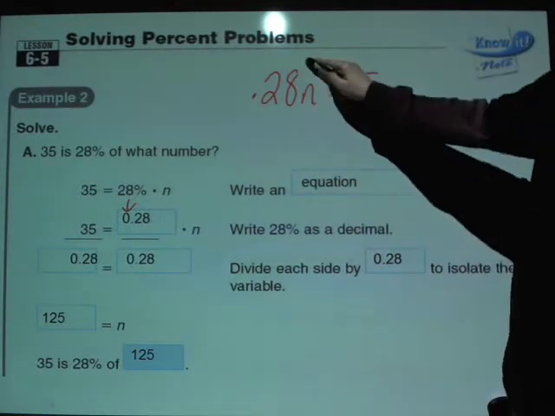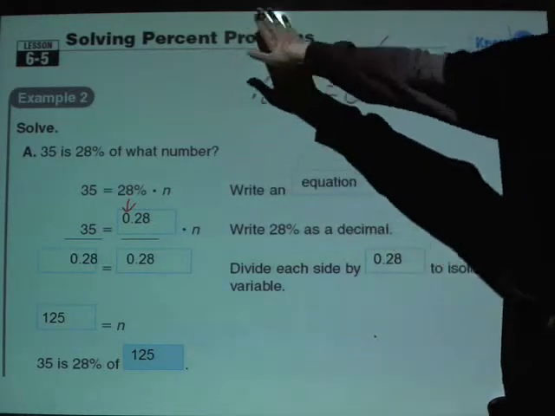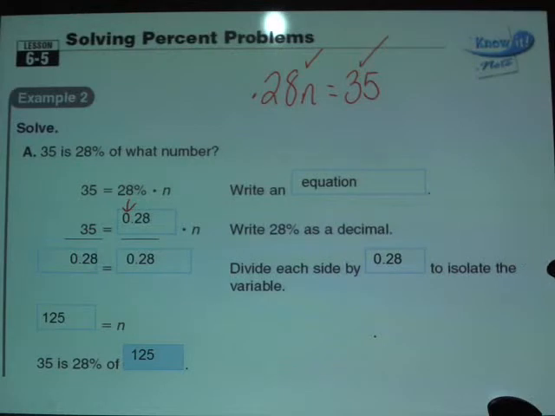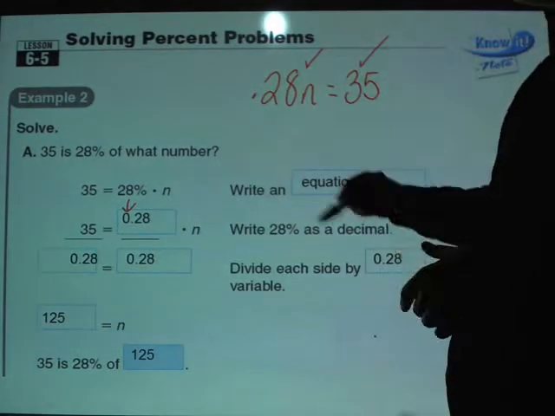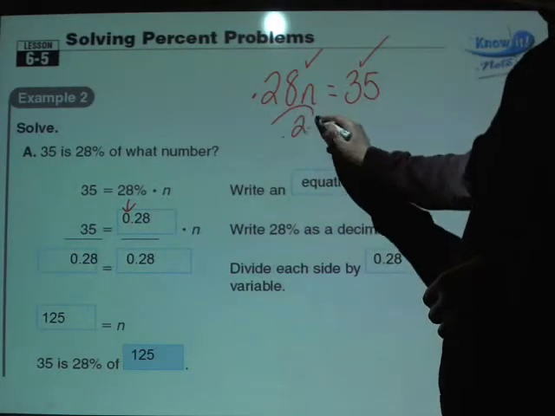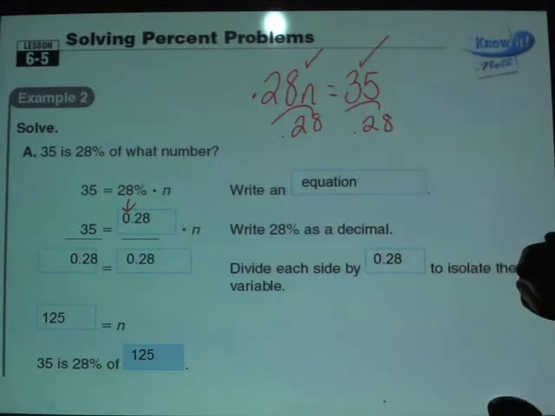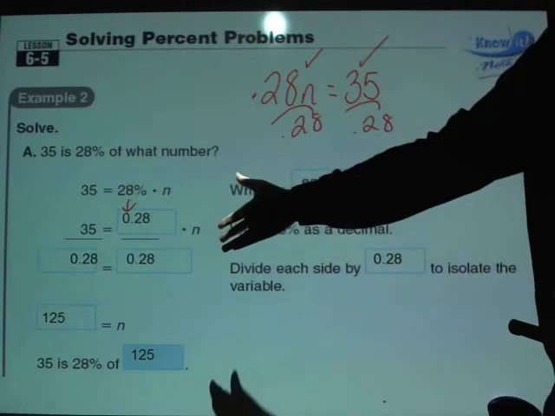All right, well, keep the variable on the left and the number on the right. So where's our trouble here? 0.28. That's a number. It's got to get kicked over here to the right side. How am I going to do that? Well, remember, we do the opposite. So I'm going to do the opposite of multiplying by 0.28, which is dividing by 0.28. When I do that, 35 divided by 0.28 changes into 125. That's going to be my solution here.